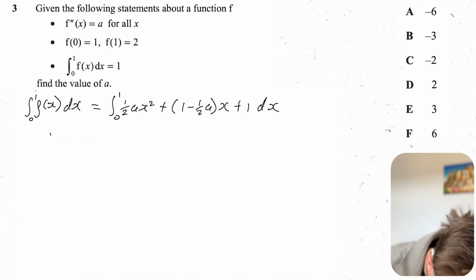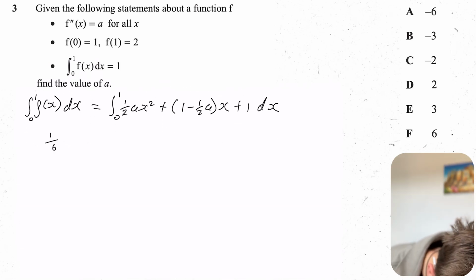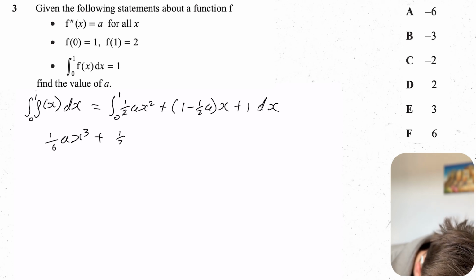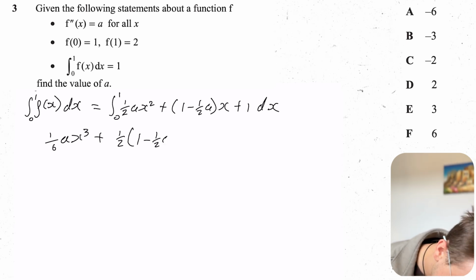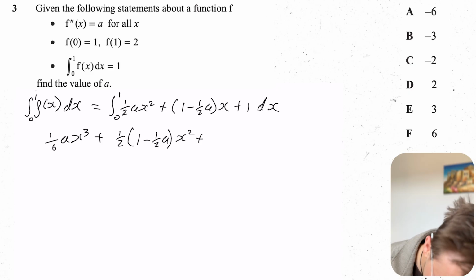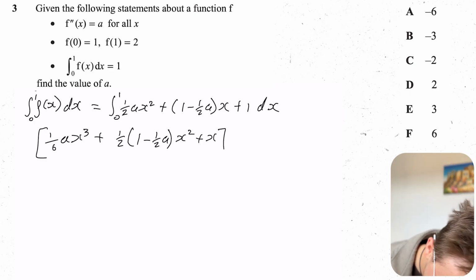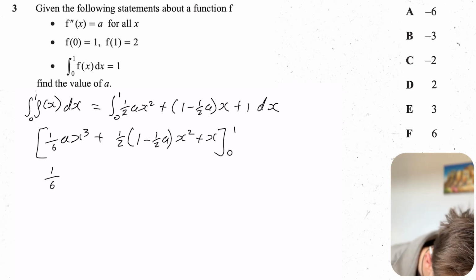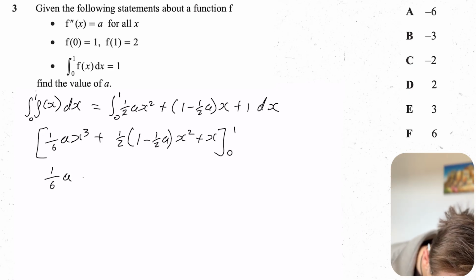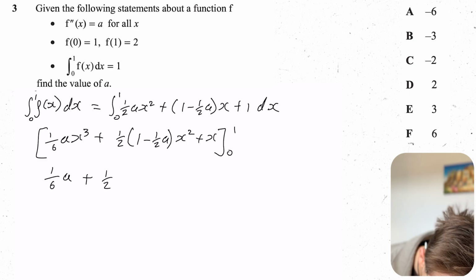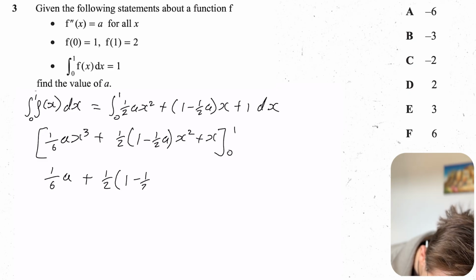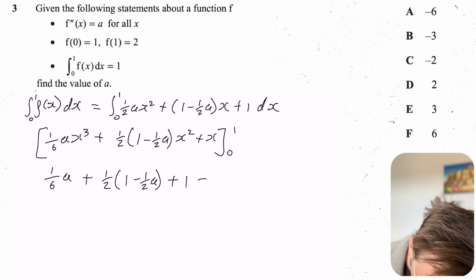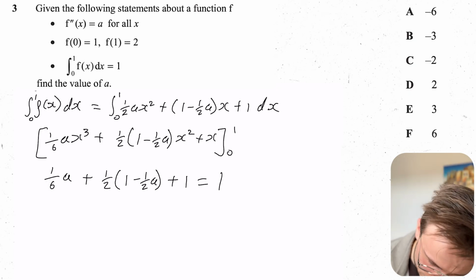This gives me 1/6 ax cubed plus a half 1 minus a half a x squared plus x between 0 and 1. I don't really care about the 0 because it's always going to be 0, so it's 1/6 a plus a half 1 minus a half a plus 1 equals 1. It's easy.